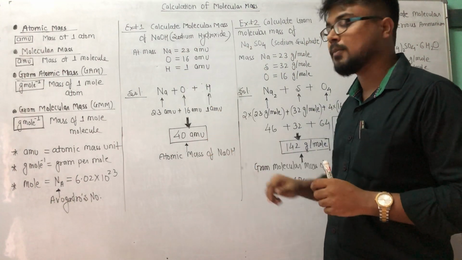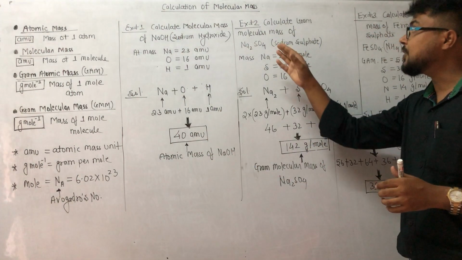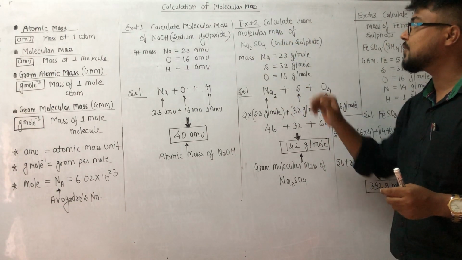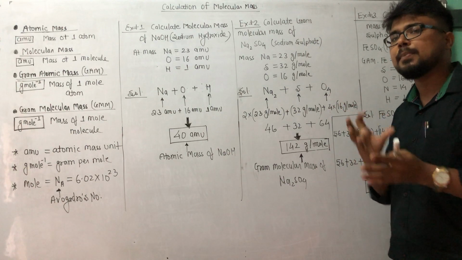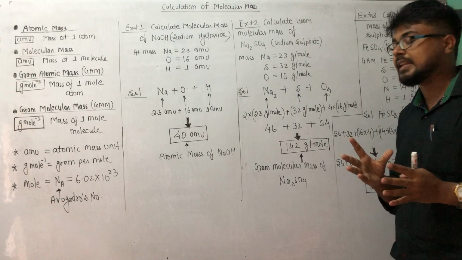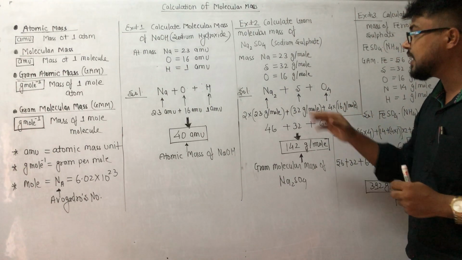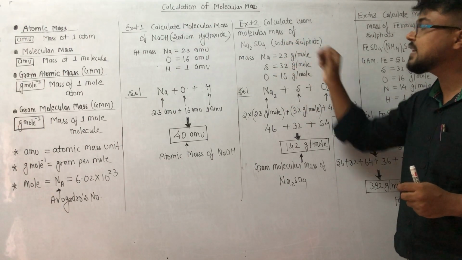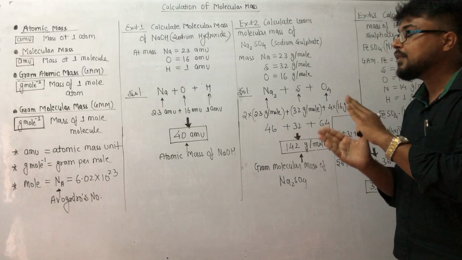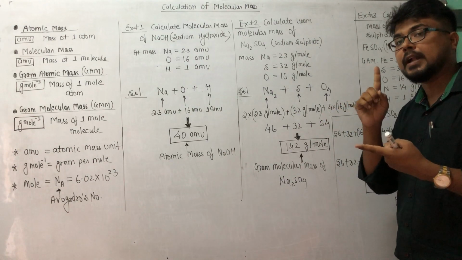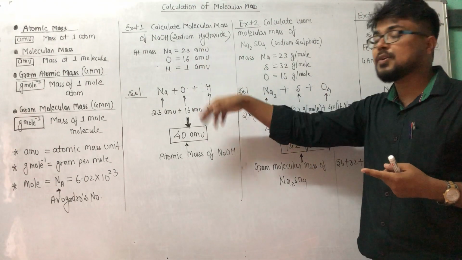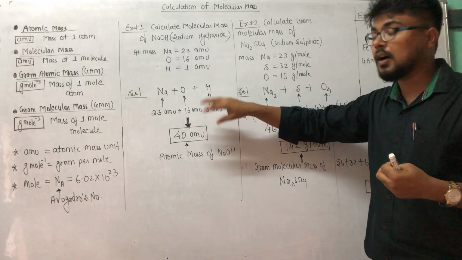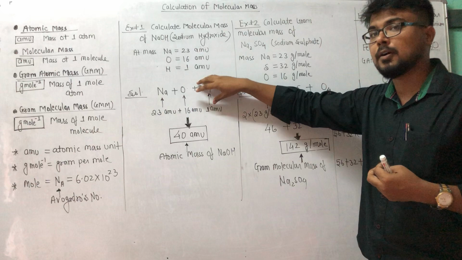And what is amu? Atomic mass unit. In example 2, calculate the gram molecular mass of sodium sulfate, Na2SO4. A little complex formula, but we can solve it in an easy way. See here, Na is 23 gram per mole because he is asking gram molecular mass. If in the question the atomic mass is in amu, then we calculate atomic mass or molecular mass with the help of atomic mass.